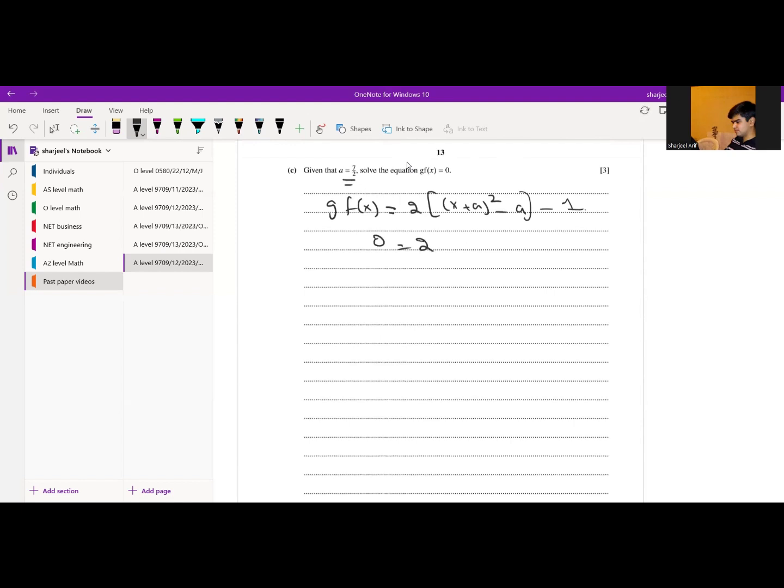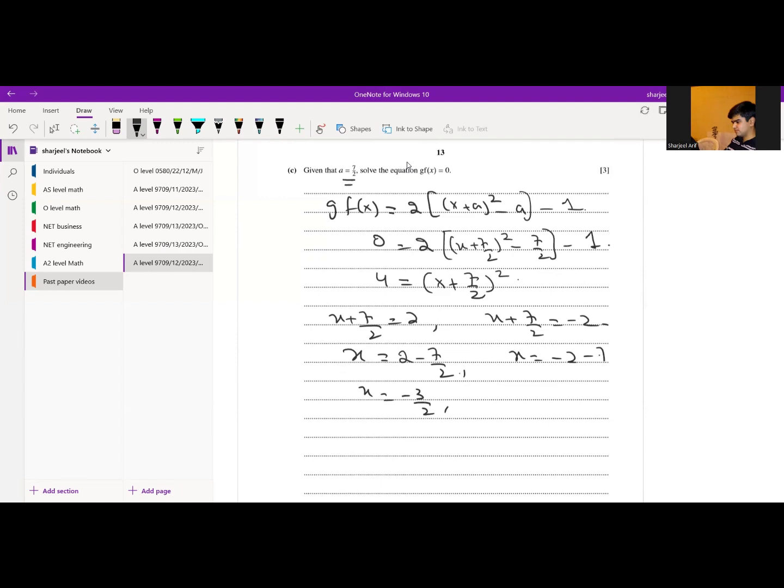And if we take the value of a equal to 7 by 2, this will become (x plus 7 over 2) whole square minus 7 over 2 minus 1. So we will simplify to get the 7 over 2 whole square. So this will be equal to plus 2 and minus 2. So simplify to get minus 3 by 2 and minus 11 by 2. These are the two answers.